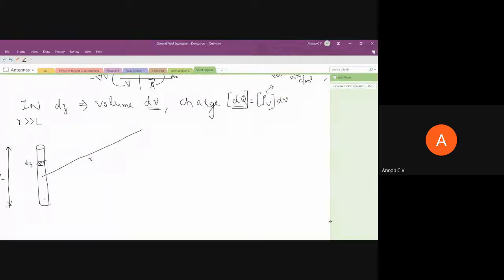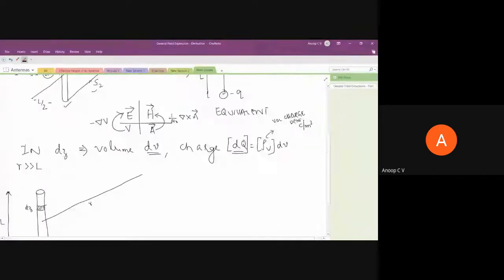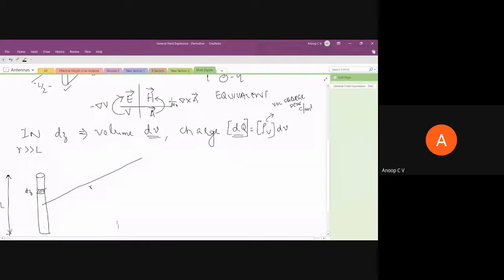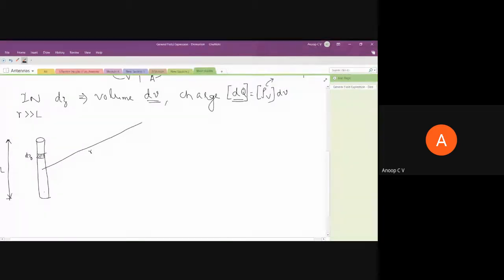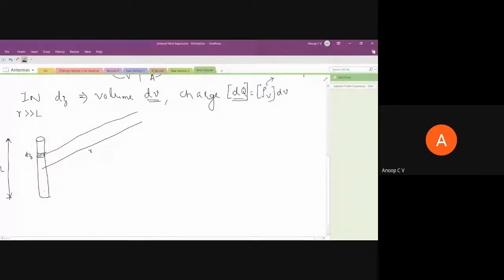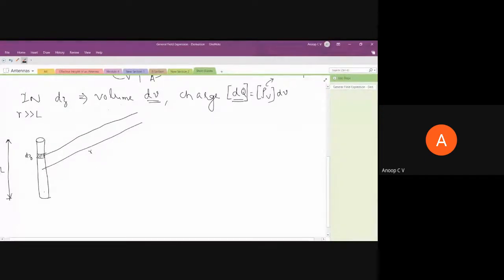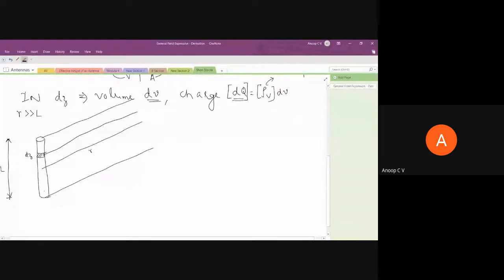Assuming r much greater than L. So this is r, and sorry, all these should be parallel. One second, give me a moment. If you have any doubt, please feel free to stop me and ask now itself. So this is our S, it's parallel, and this is our S1, it's again parallel, and this is our S2. All are parallel. I'm assuming all are parallel.